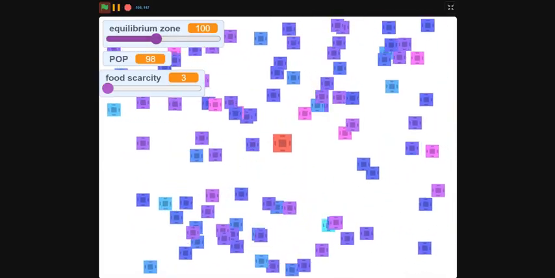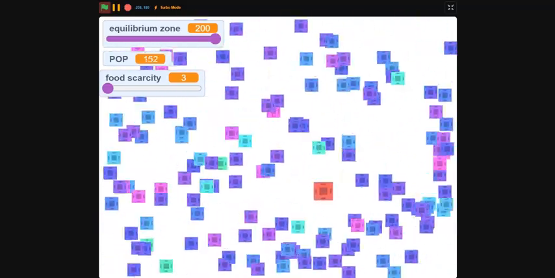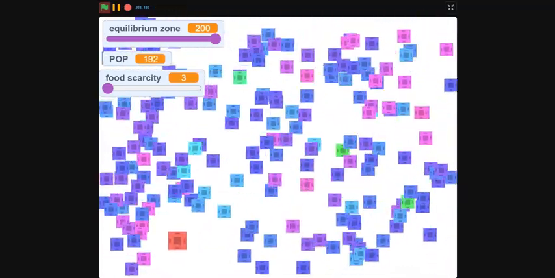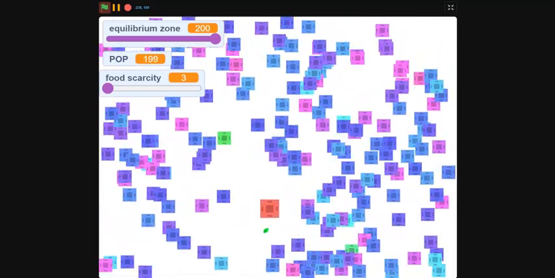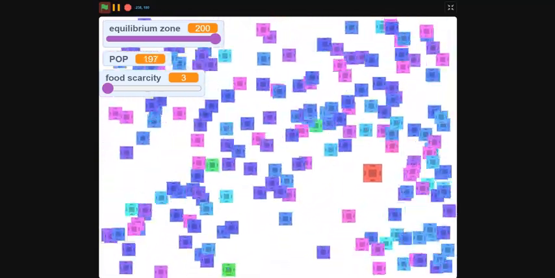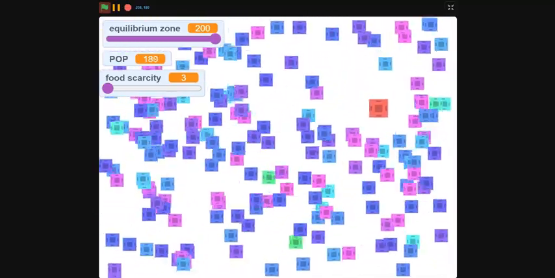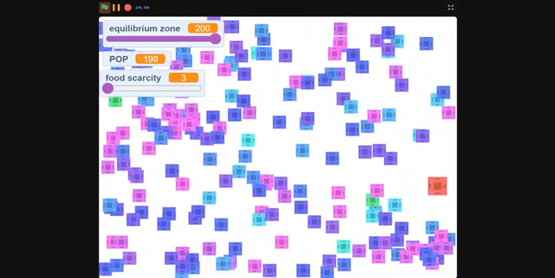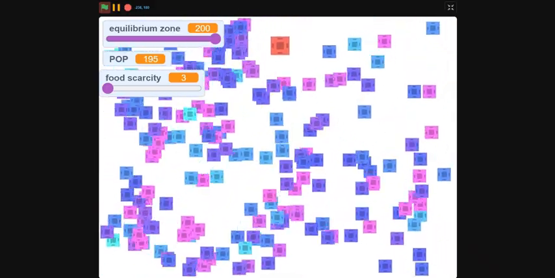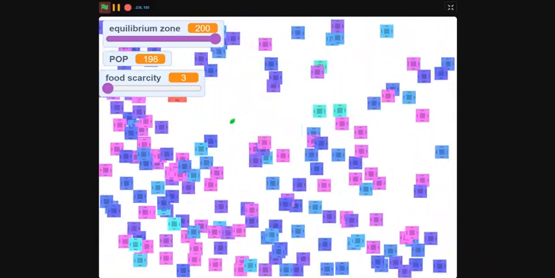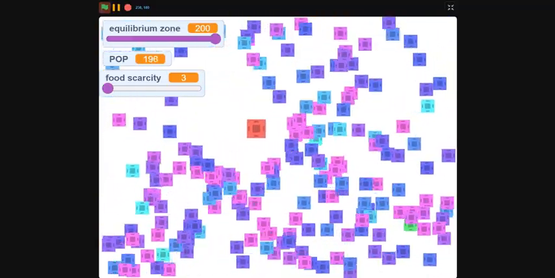Okay, and we can also increase the equilibrium zone to 200, and as you can see, there is more speedy ones. That's because it's now a bigger challenge to find food, so they waste efficiency over speed, so they can find more food faster, so they can survive and dodge the predator.